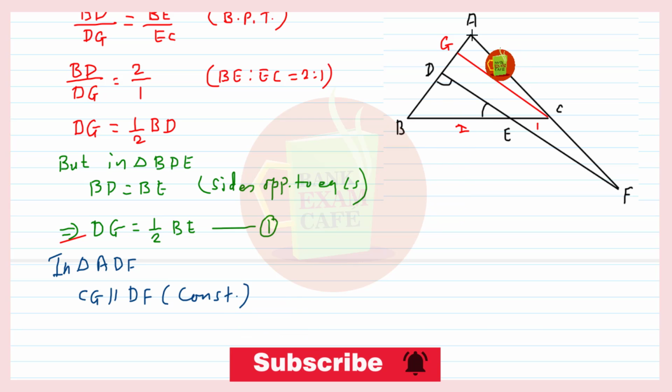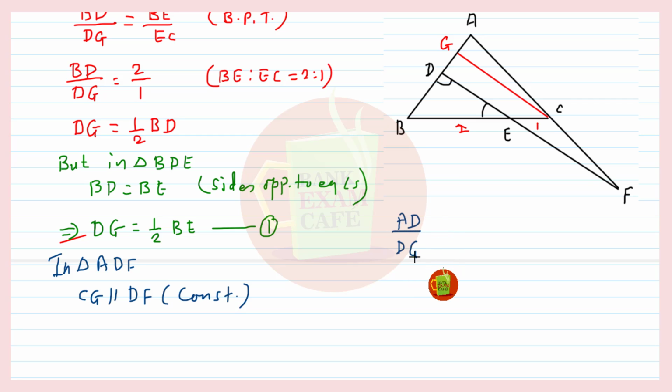And therefore here we can say that AD upon DG is equal to AF upon CF. Reason: corollary of basic proportionality theorem.